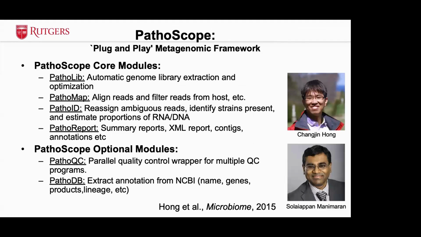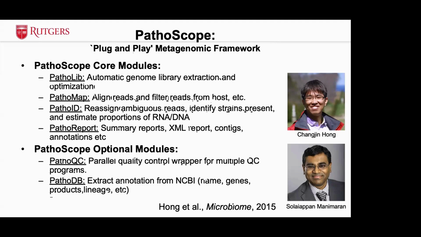So what we've done is develop Pathoscope, and later on I've got another slide on our Metascope tool. This is a plug-and-play software framework for analyzing metagenomics data. In the microbiome field, people separate 16S profiling from shotgun metagenomics and metatranscriptomics data, and they analyze their data differently.